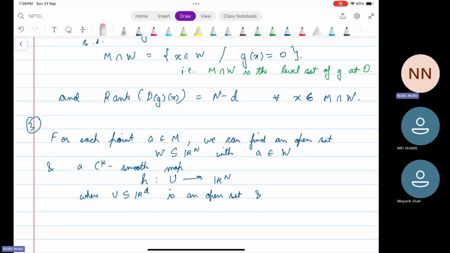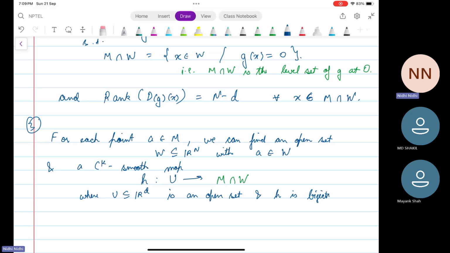Instead of Rn, we can say that H is from U to M intersection W, and H is bijective.